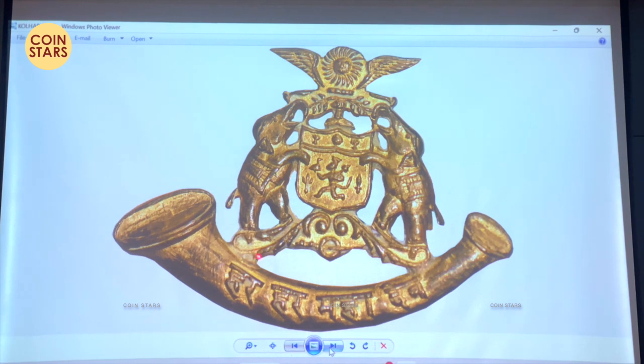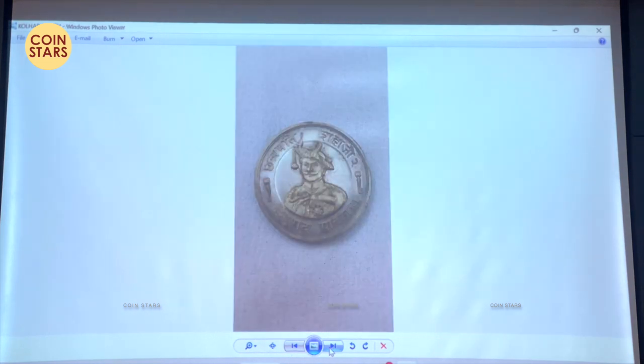This again is Har Har Mahadev, Kolhapur. Hanumanji flying. Next. There is a medallion of Kolhapur, Chhatrapati Shahaji 2.